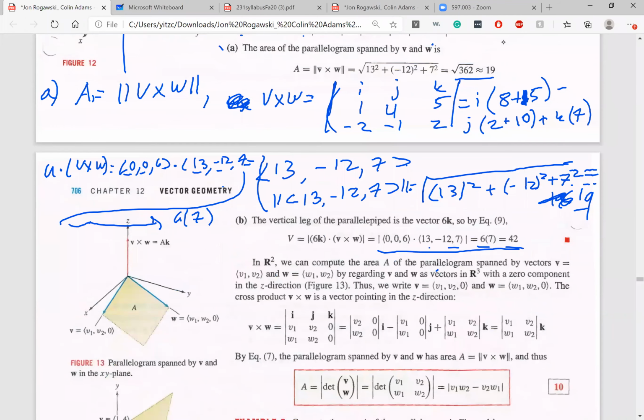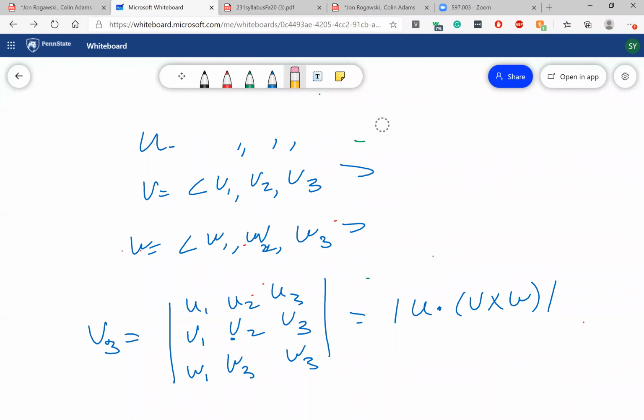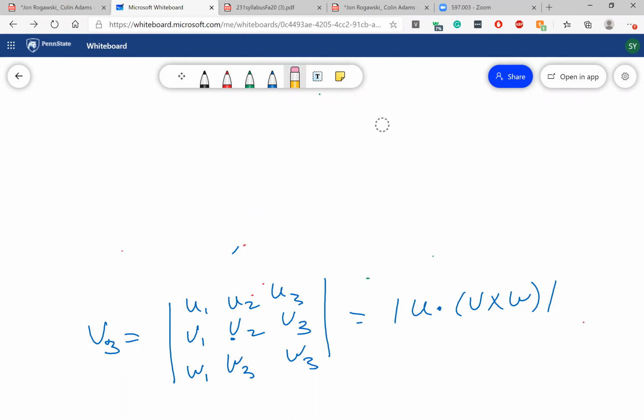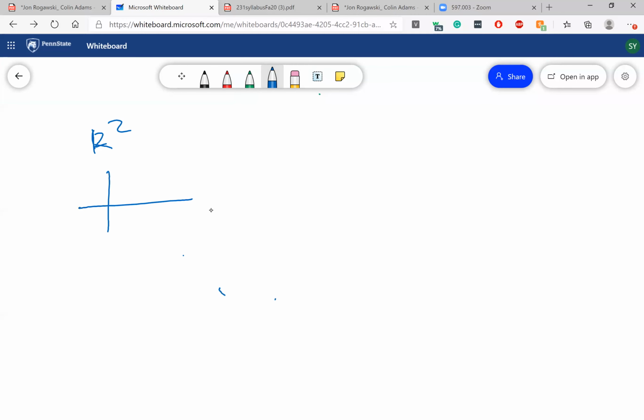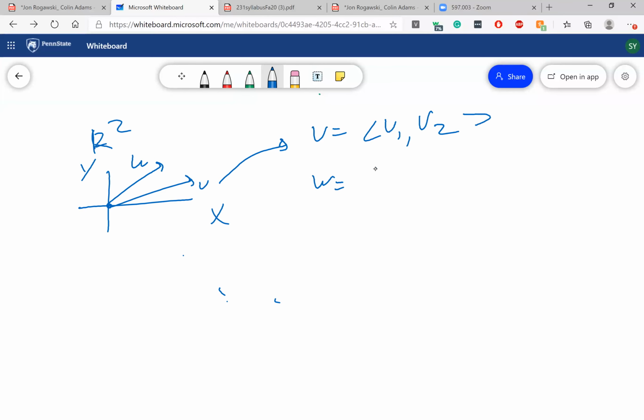Okay. So now, let's say we're in R2, and we have two vectors. Here's my x and here's my y. Let's say this is the vector v, and this over here is the vector w. Now this v is equal to (v1, v2), and this w is equal to (w1, w2).